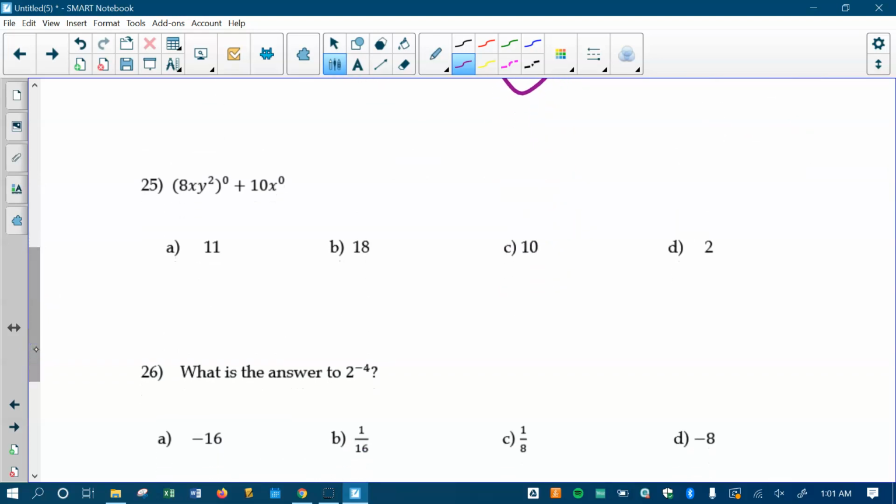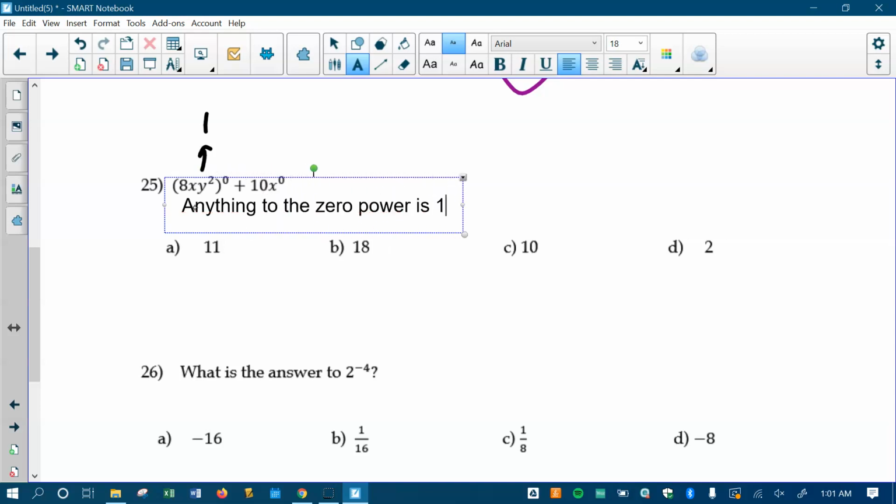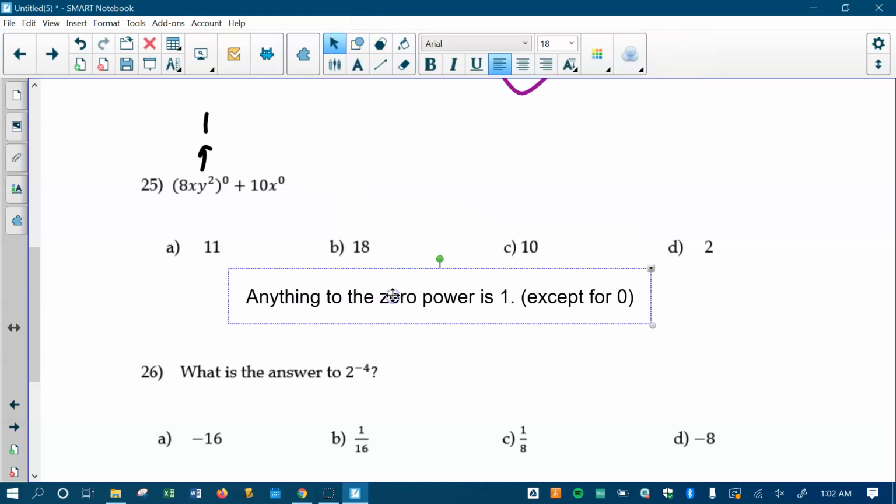For 25, I think most students in my class got this as 1, which is great because anything to the 0 power is 1. So let's just write that out. Anything to the 0 power is 1.